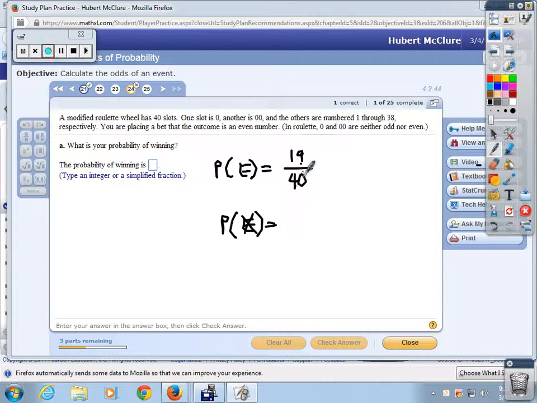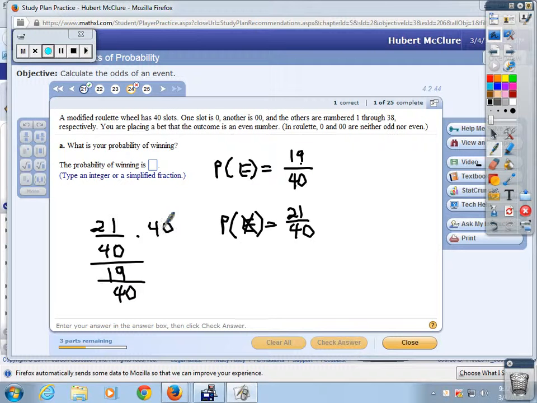There we go. And what is the probability of not even? 21 over 40. Okay, and that'll be that part. 19 over 40. And then the odds against would be 21 over 40 divided by 19 over 40, multiplied by 40 over 19, and 21 to 19 is your odds against.